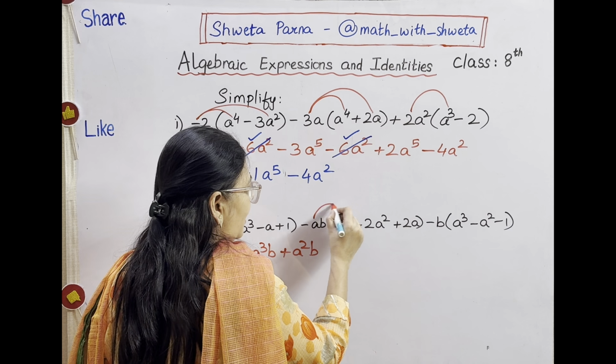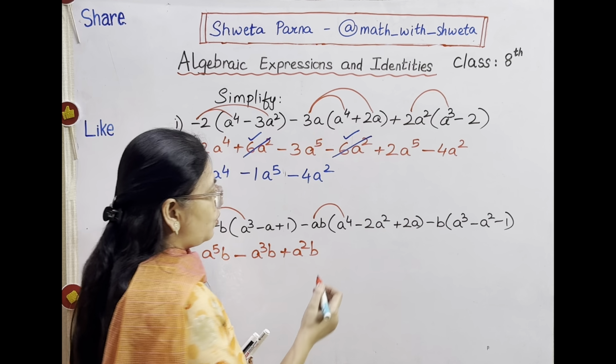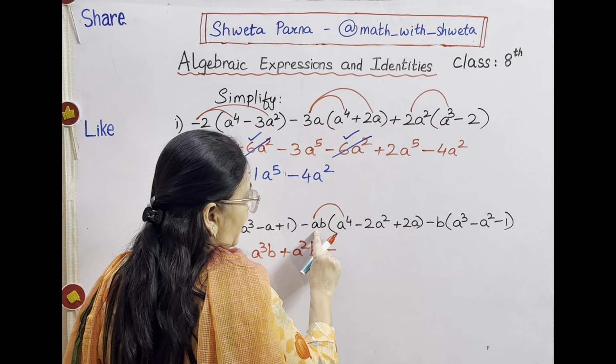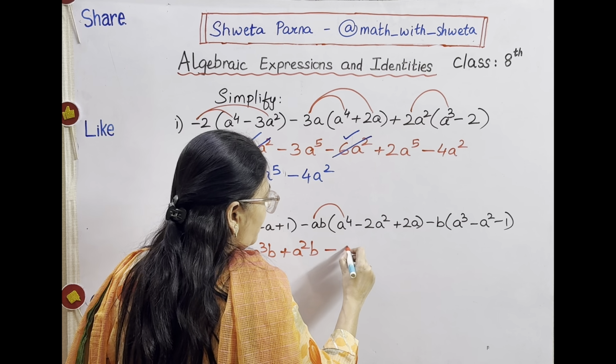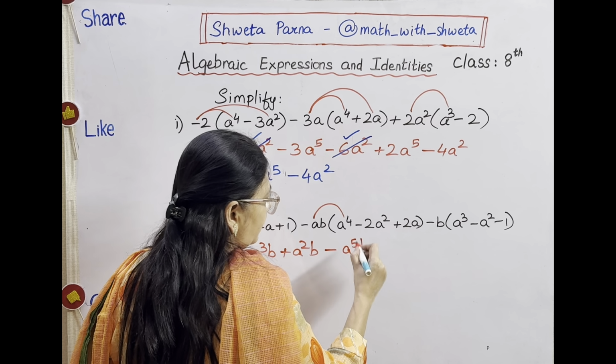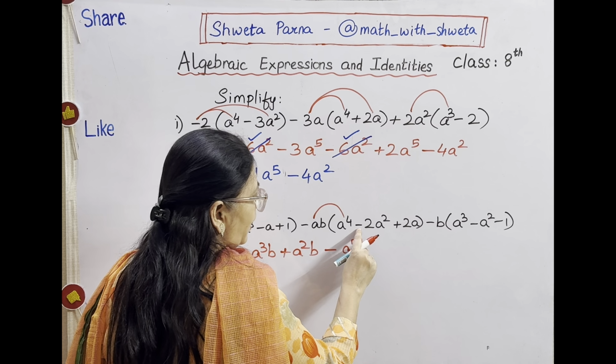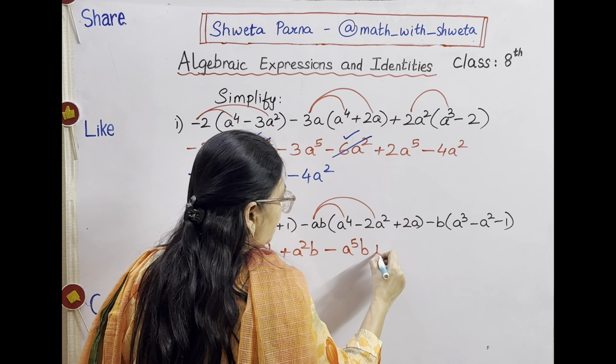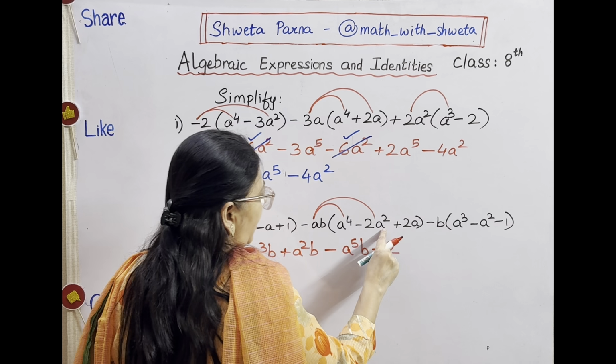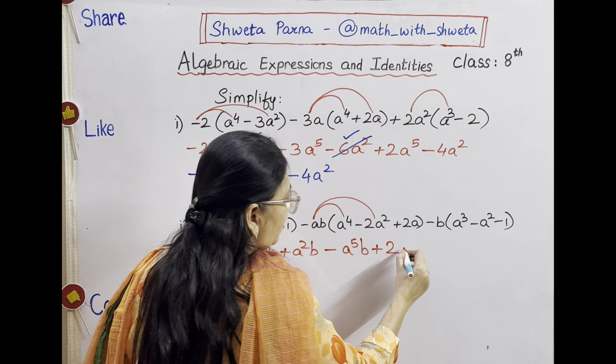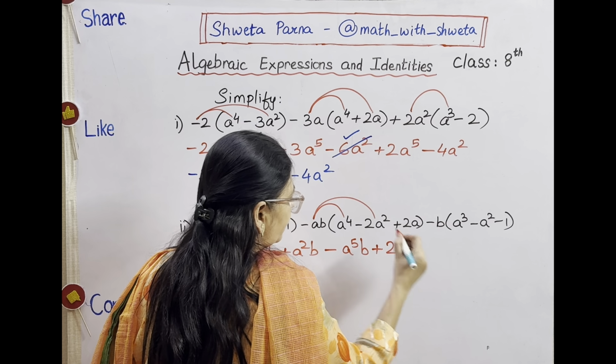Now minus ab you will multiply with a raised to 4. So minus a raised to 1 and a raised to 4 will become a raised to 5b. Minus into minus will become plus 2. A square into a will become a cube b.